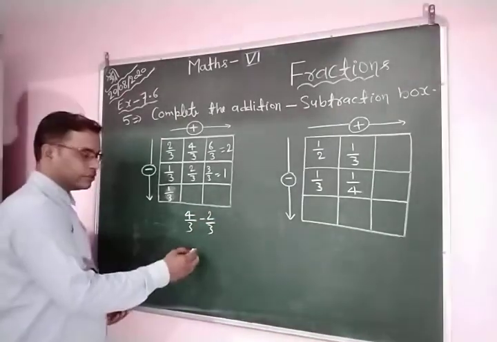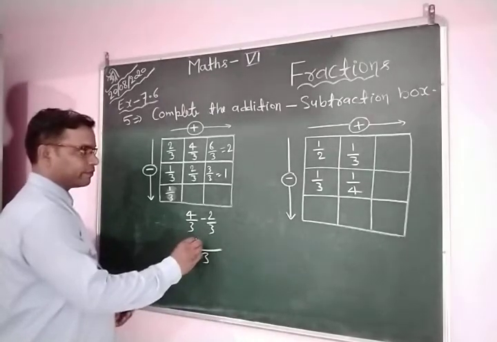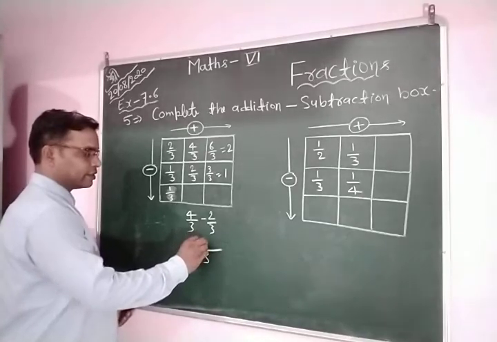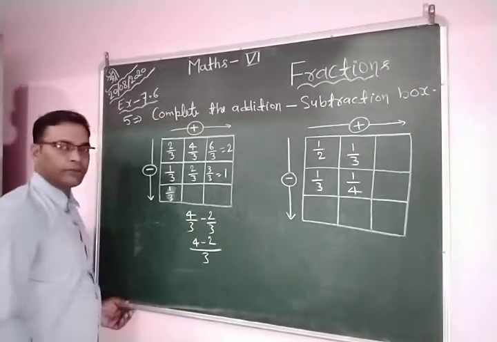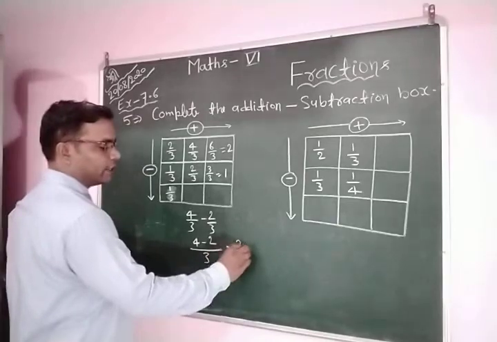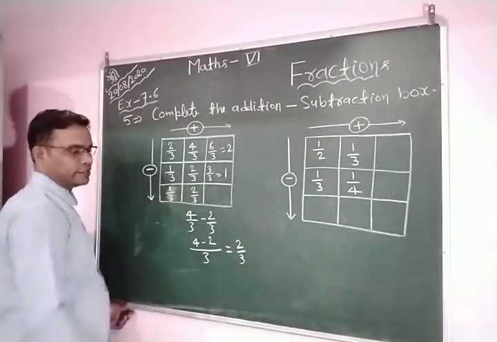This is like terms, you can write 3 as the denominator and 4 minus 2. So 4 minus 2 is 2, and we have 2 by 3. This is equal to 2 by 3.